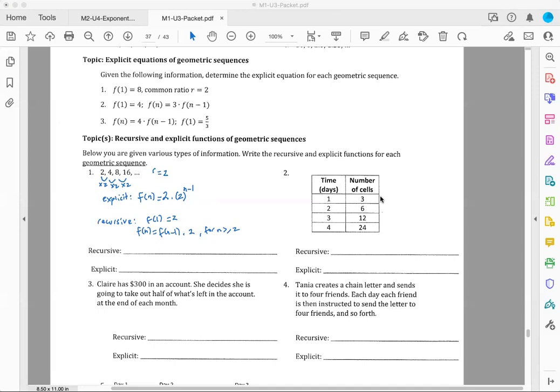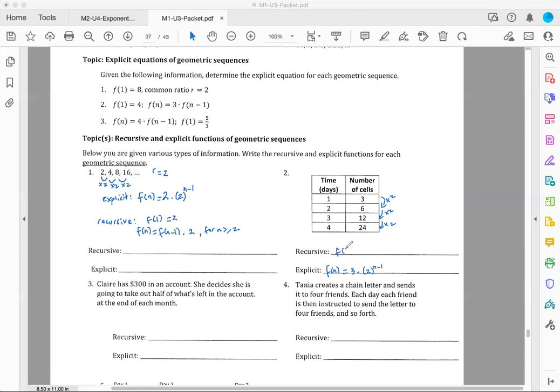For the second example, you can see that the first term is 3, and your common ratio is 2. You're multiplying by 2 every time. So to start with, explicit: f of n equals the first term, f of 1, which is 3, multiplied by the common ratio, 2 to the n minus 1.